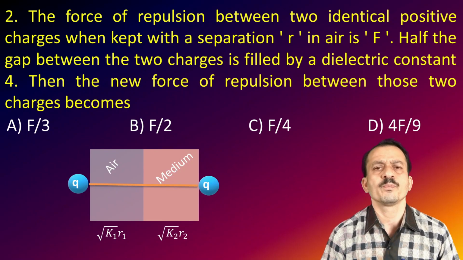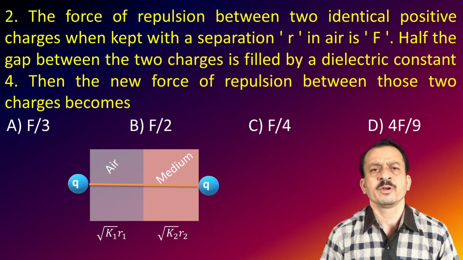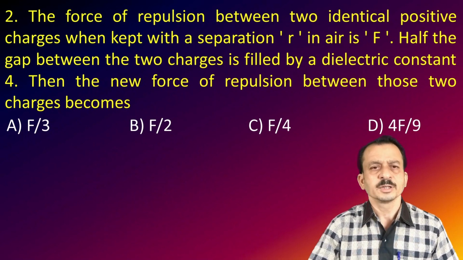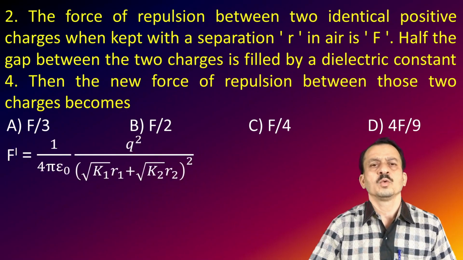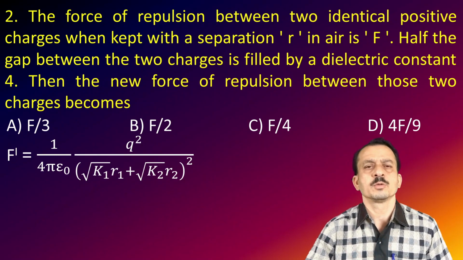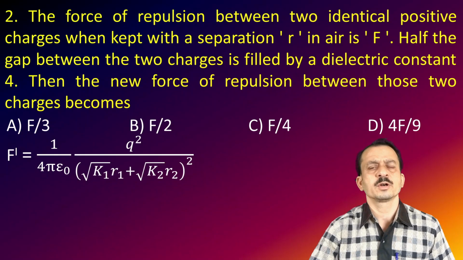Now with this clarification, we write the formula for the new force F dash as 1 divided by 4 pi epsilon naught into q square divided by square root of k1 r1 plus square root of k2 r2 whole square.